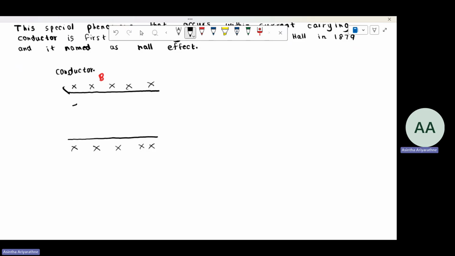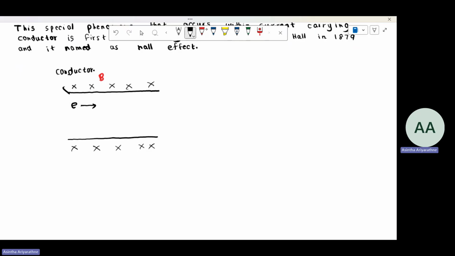Right, so let's say the electrons would move towards right. Then using Fleming's left hand rule, if current flow means it is a flow of electrons, we can find the direction of magnetic force acting on these electrons. Forefinger in the direction of the magnetic field, middle finger towards the current.